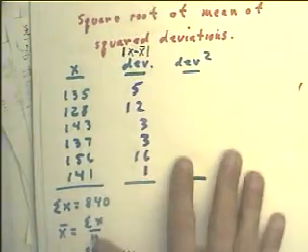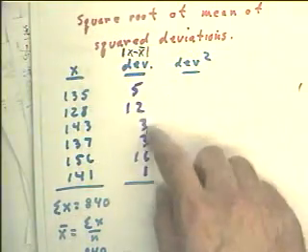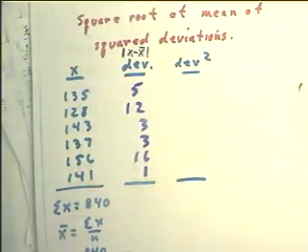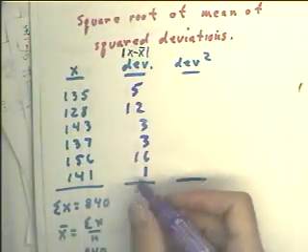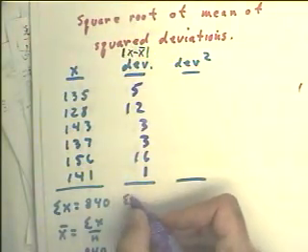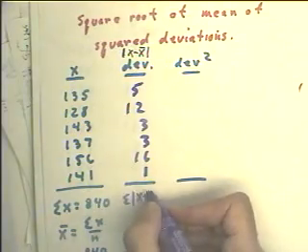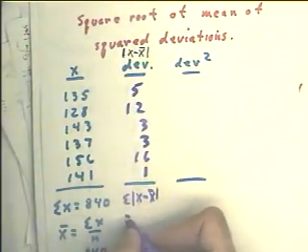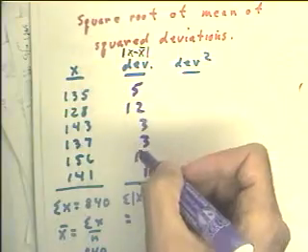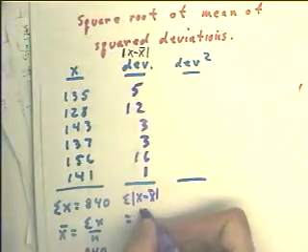Now let me back up a second. We could just average these deviations and get on the average how far each number is from the mean. The sum of the deviations here is 5, 17, 20, 23, 39, 40.